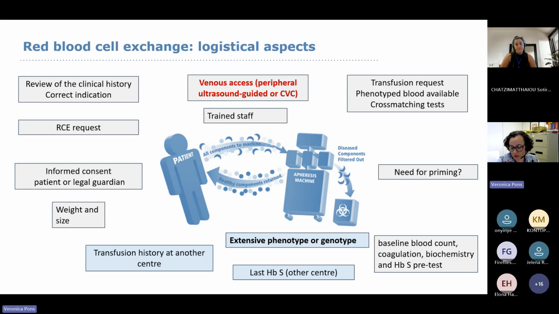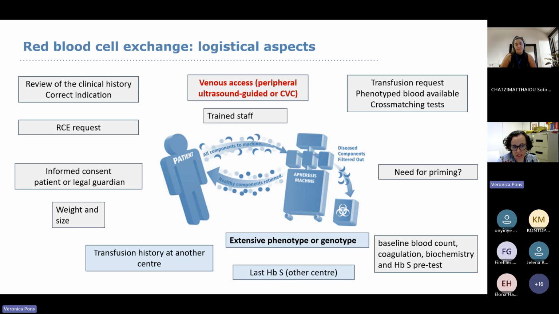Once we make the decision to perform a red blood cell exchange, we need different things. We need to review the clinical history and verify the correct indication. We need a request for the procedure that must be made by the clinical team. The patient and/or the family members must sign the informed consent.